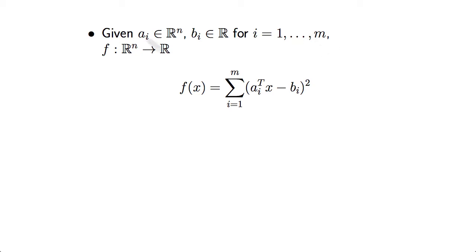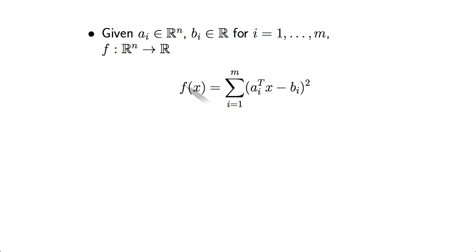So we have m different vectors here and m different scalar values here. We now want a function f, which will take as input vectors in R^n and return scalar values. In particular, the function is defined as follows.